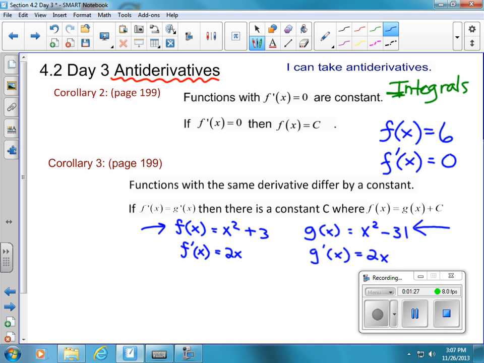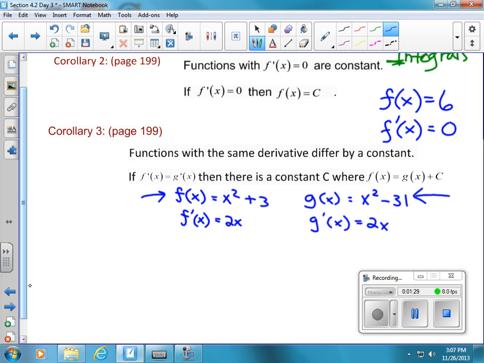Aha. So what this section tells us is that there is a c we can add to these functions which make them fit any type of function. Any such function would be their antiderivative, okay?